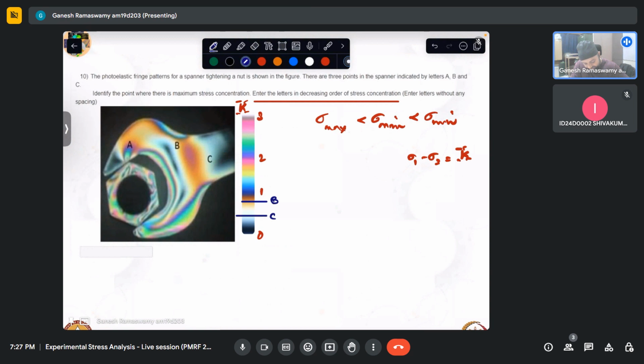And then if we go to A, it is near the blue region. And then that blue is followed by green. So here the blue is followed by yellow. Here the blue is followed by green. So A is essentially somewhere over there in the scale.